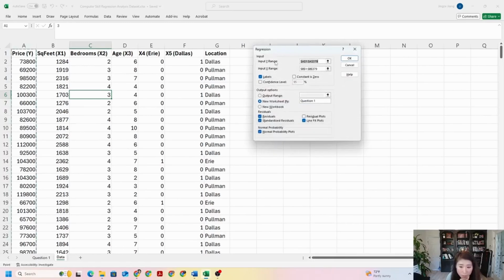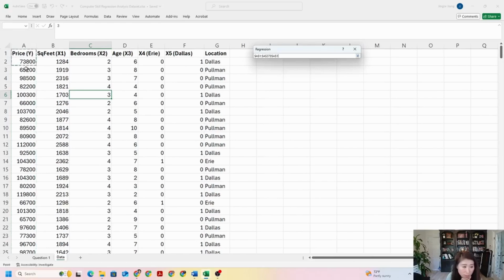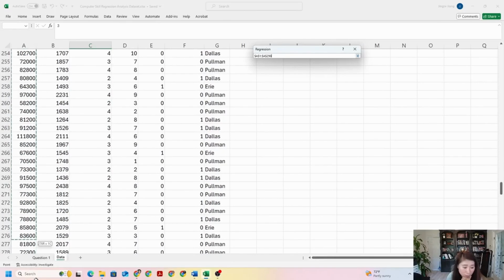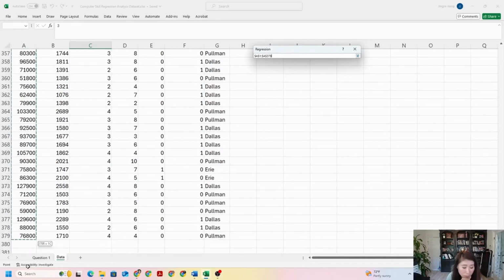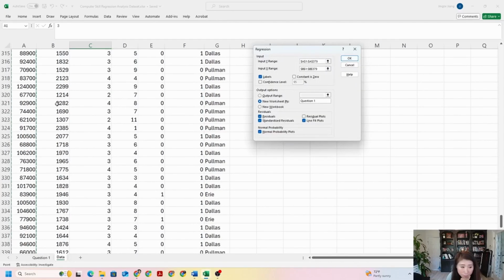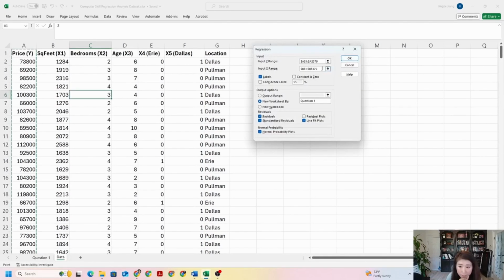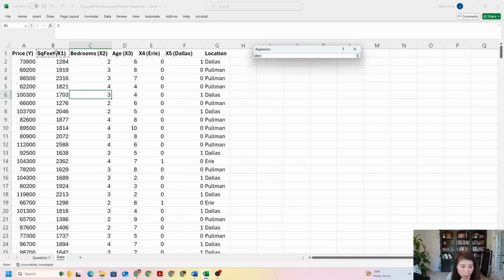Now we select our Y range: we click this little arrow and select everything in my first column, column A. Make sure you include the label. After you do so, click this little arrow one more time. Then in the X range, we click this little arrow and select all the X variables we have here.